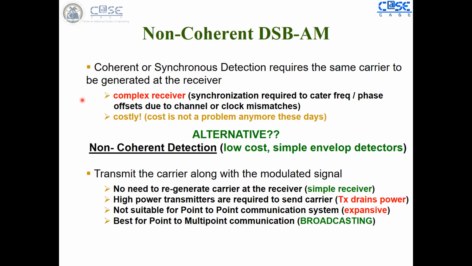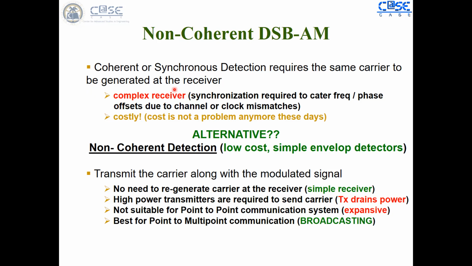But for point to point and, let's say, multi-point to point, but for multi-point to multi-point communication such as in GSM, or let's say in 3G or 4G mobile communication, we still go for synchronous detection, and we generate the carrier at the receiver end.